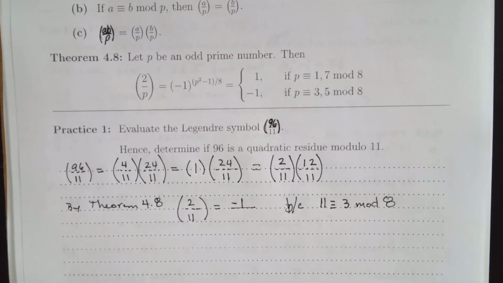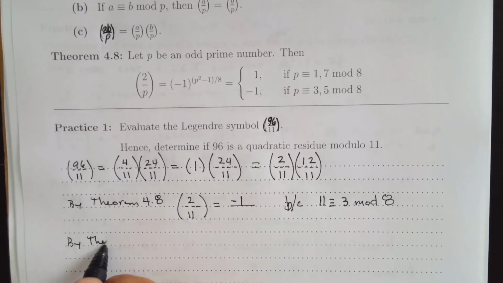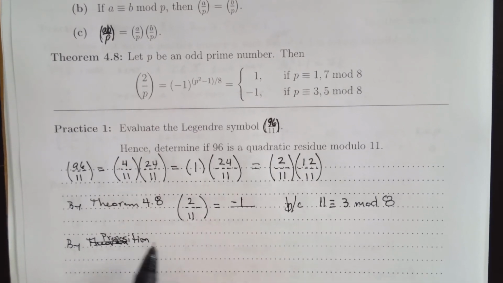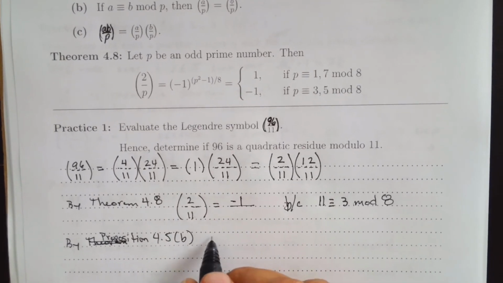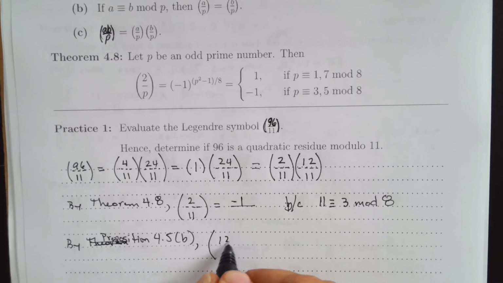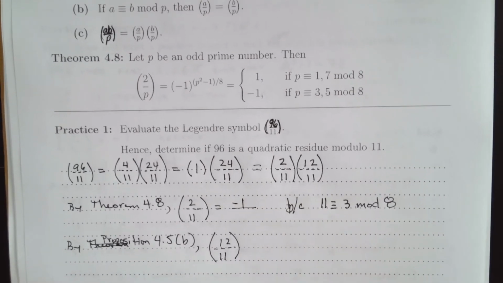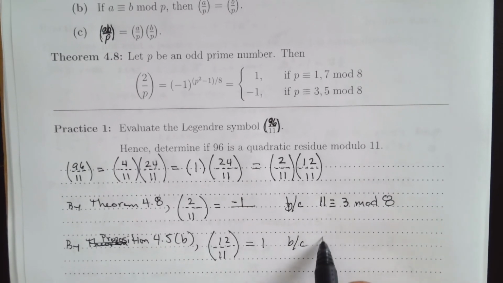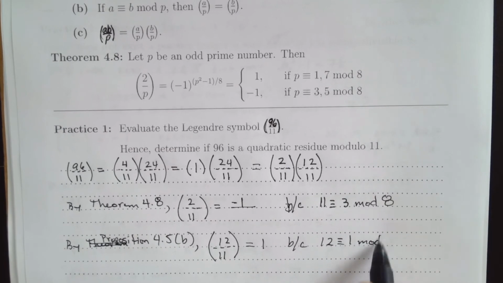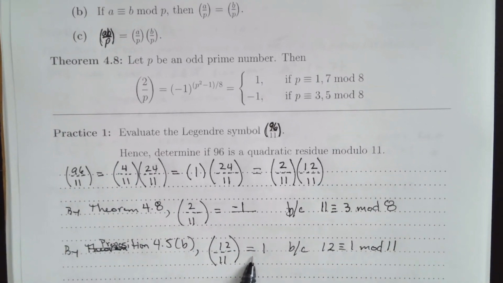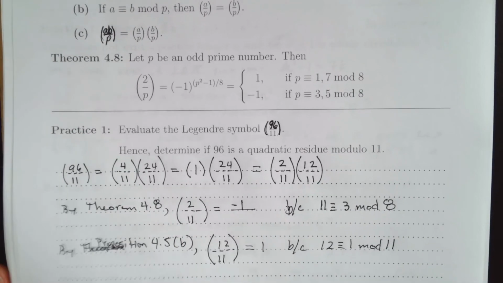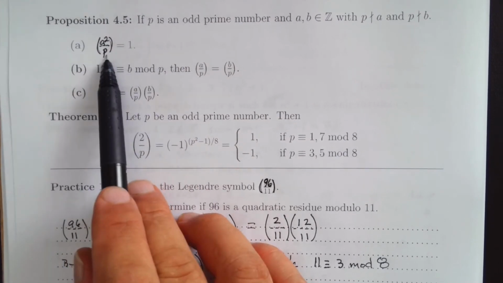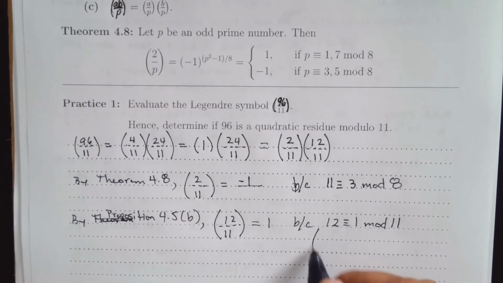What about for 12? All right? Well, not by theorem, but rather by proposition 4.5b, the Legendre symbol of 12 modulo 11 will equal 1, and that is because 12 is congruent to 1 modulo 11, and if 12 is congruent to 1 modulo 11, then we have the Legendre symbol of 1 modulo P. All right, so let's write that down.